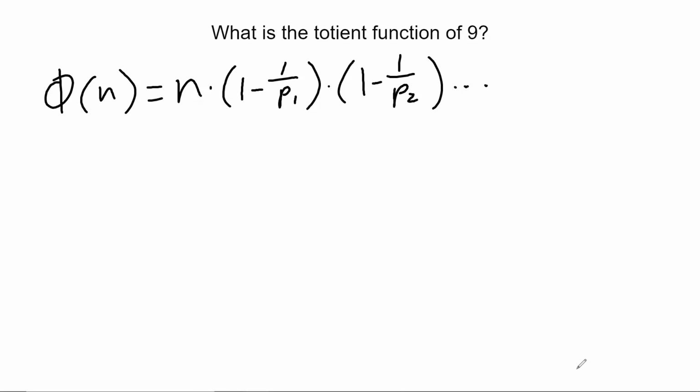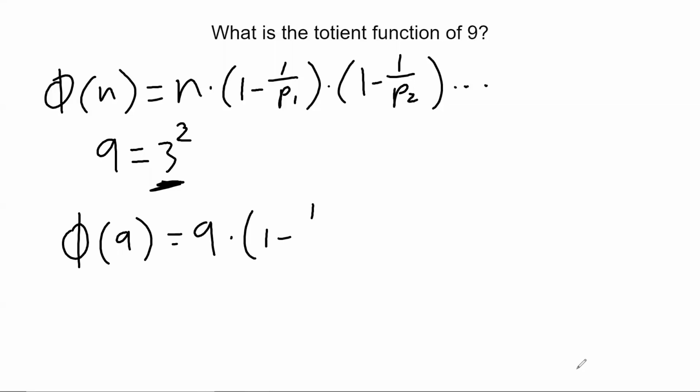And the Totient function of any number n is the number of positive integers less than or equal to n that are relatively prime to it. Okay, so 9 can be expressed as 3 squared, which means that its only distinct prime factor is 3. So if we apply the formula, then phi of n, which is 9, is equal to 9 times 1 minus 1 over 3, which is equal to 9 times 2/3, which is equal to 6.